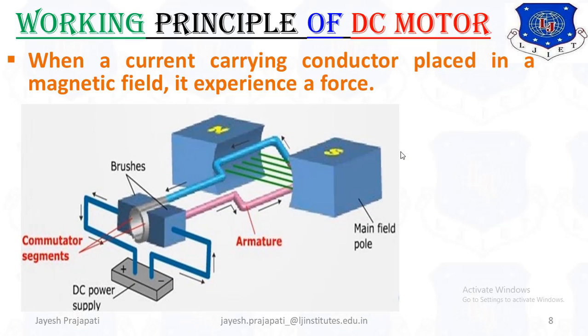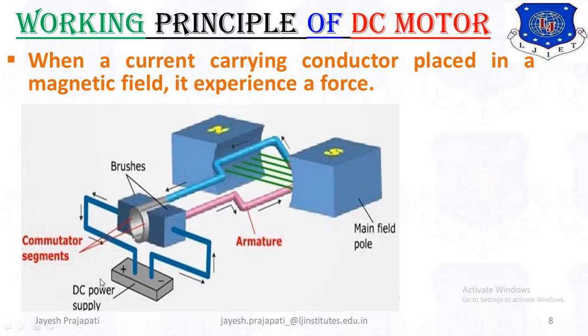You can see in this figure there is a permanent magnet with N and S poles, DC supply, brushes, commutator segment and armature. Due to this permanent magnet there is a magnetic field in this area.